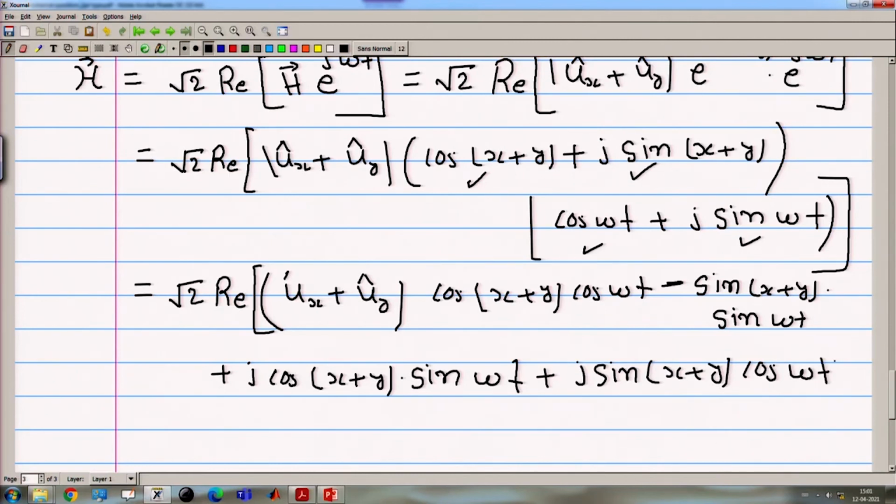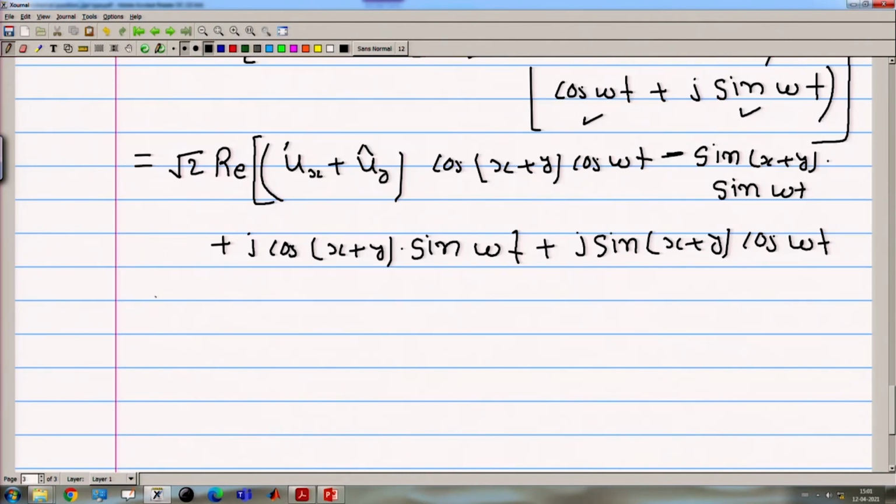So, the final expression for this will be root 2 (ux plus uy), so this will be outside because they are only real quantity, and after this we have to extract the first term.